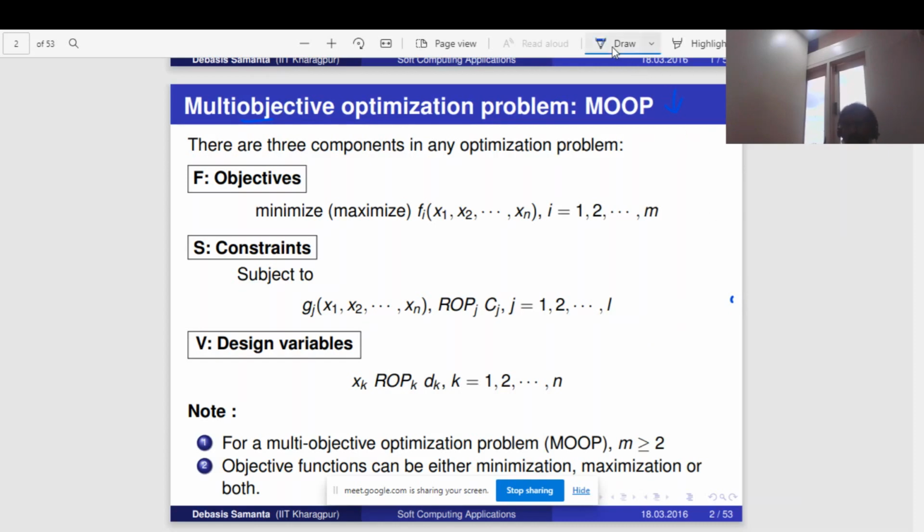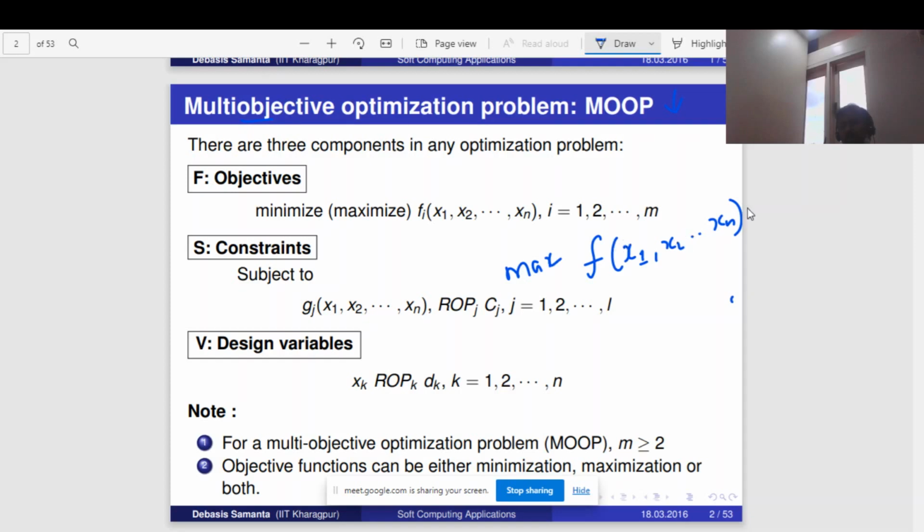In a single objective optimization problem, you will have only one function, given by some function f, and there may be many design variables. So f may be working on different variables like x1, x2 up to xn, but you have only one function. Either you want to maximize this function or minimize it.